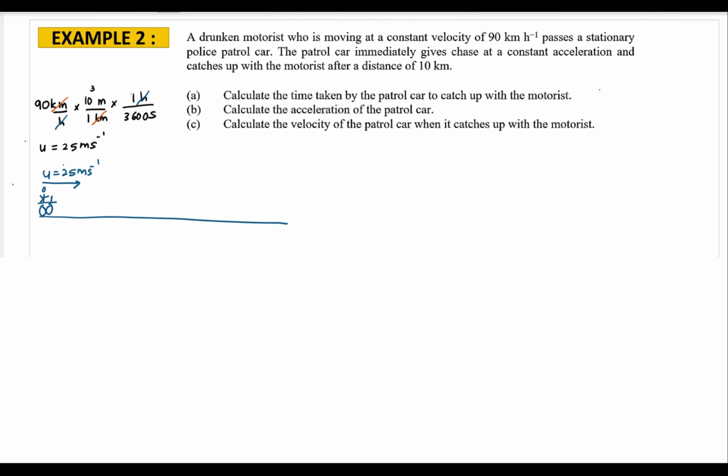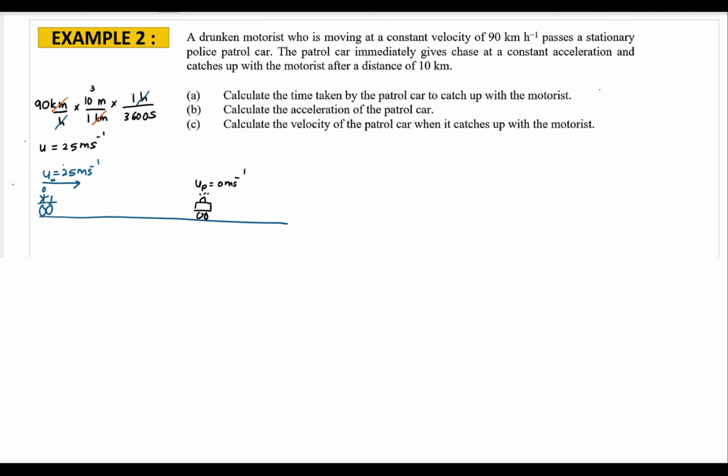Here we have the police car, where I will put UP equal to 0 meter per second. Here I will put UM, which is the initial velocity of the motorist.